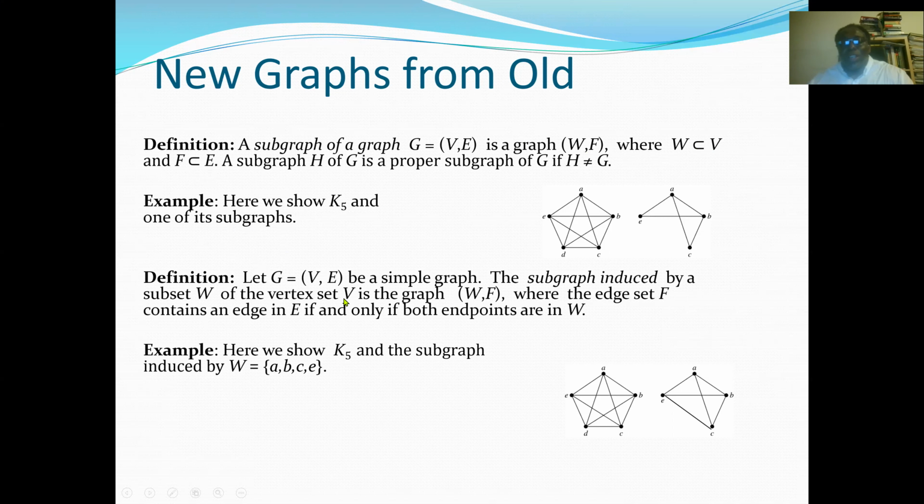Let G = (V, E) be a simple graph. The subgraph induced by a subset W of the vertex set V is the graph (W, F), where the edge set F contains an edge in E if and only if both endpoints are in W.